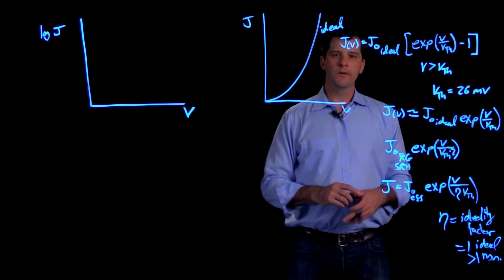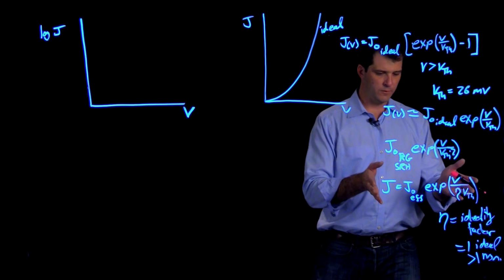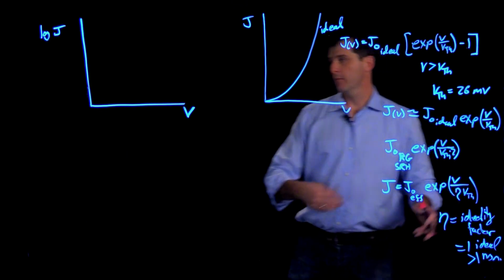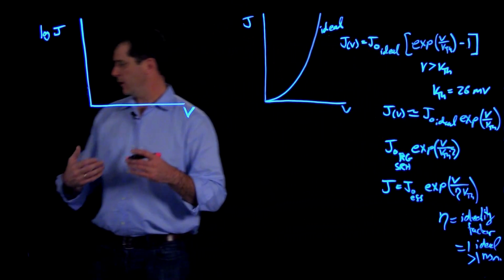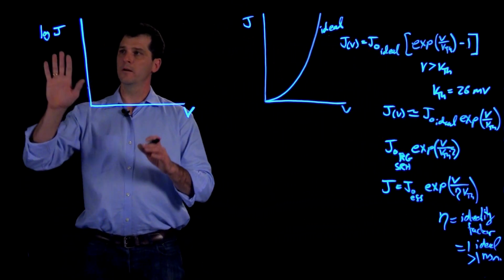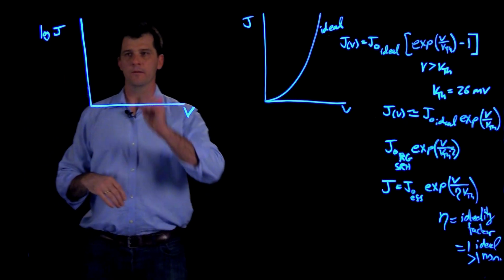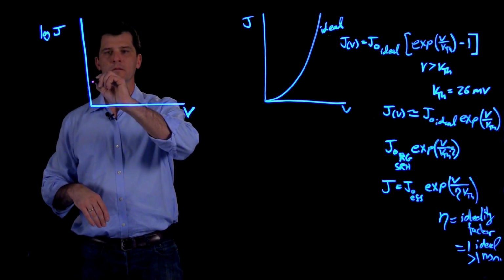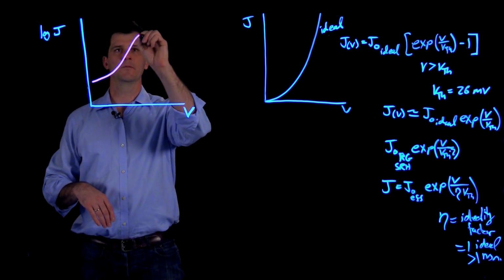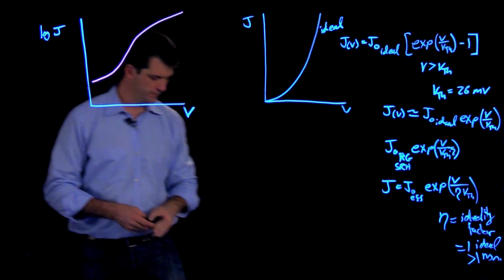So because the current is approximately exponential as a function of voltage, if we replot the forward bias current on a logarithmic y-axis, we get some behavior that looks sort of like this.